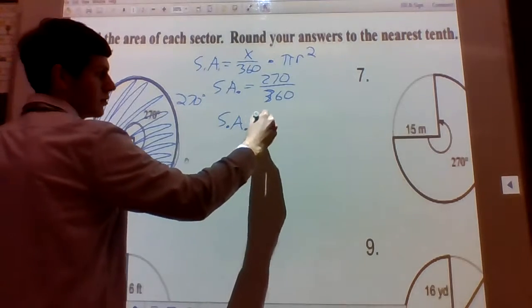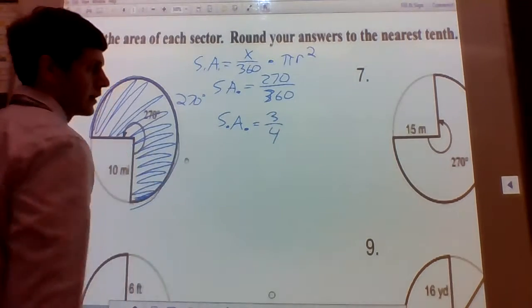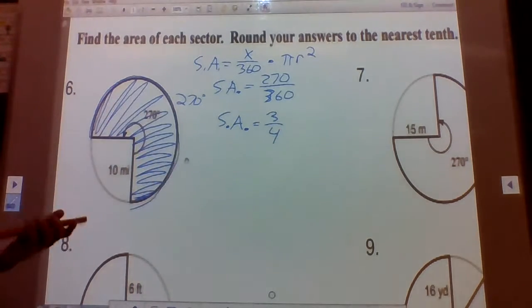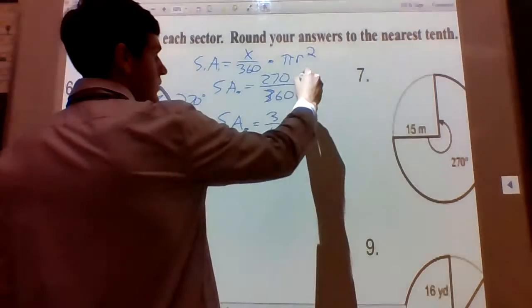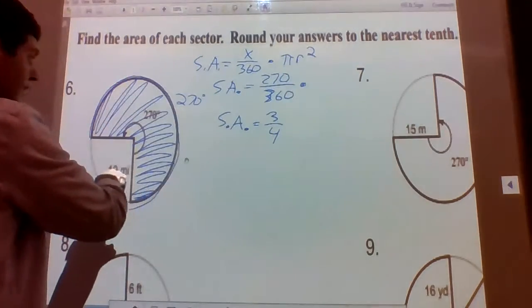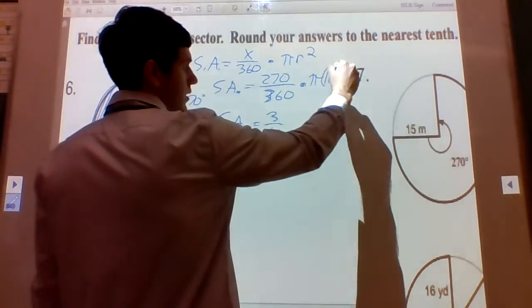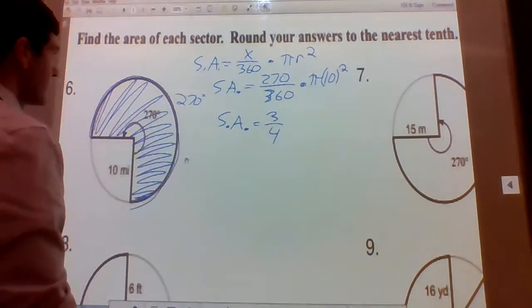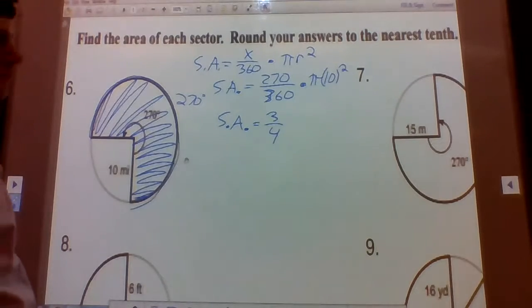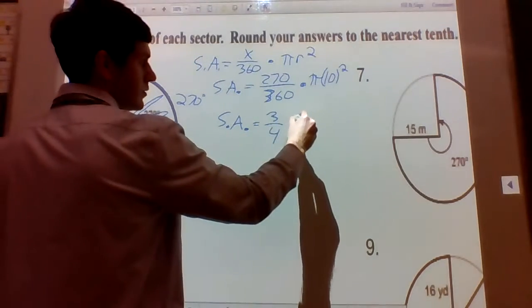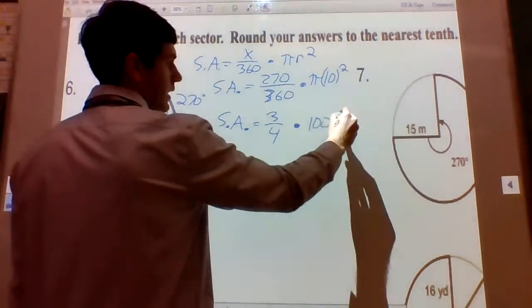Sector area is 3/4 of the total area. So we have to multiply 3/4 by the total area, which was pi r squared. So pi times 10 squared, that's 100 pi.